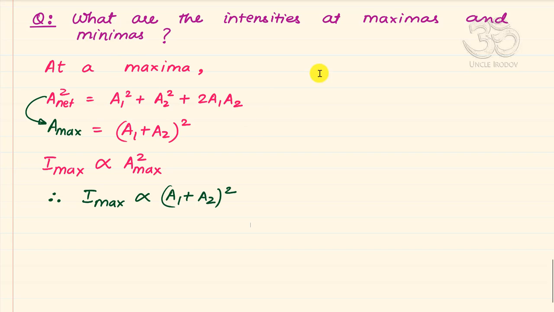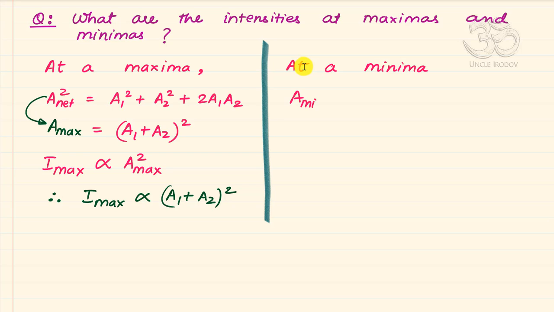And what happens at a minima? So that is probably here on the right hand side. So here at a minima, you can say A min square is going to be A1 square plus A2 square minus 2A1A2, and this is going to be (A1 minus A2) whole square.